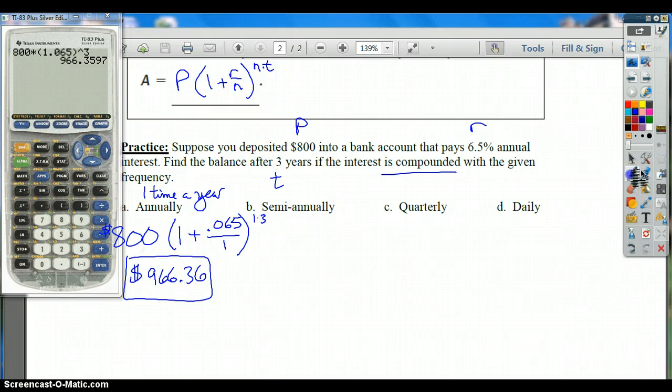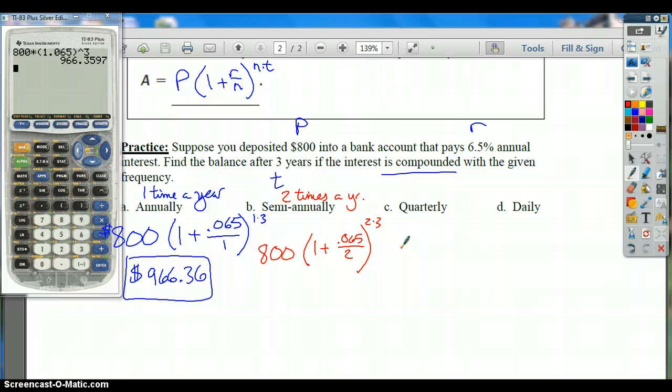Let's go to semi-annually. Semi-annually means it's going to be twice a year, just like the semifinals. So this is 2 times a year. Again, we're still investing $800. This time we're going to do 1 plus 0.065 divided by 2, and then this is 2 times 3.